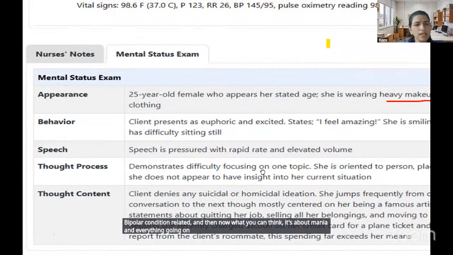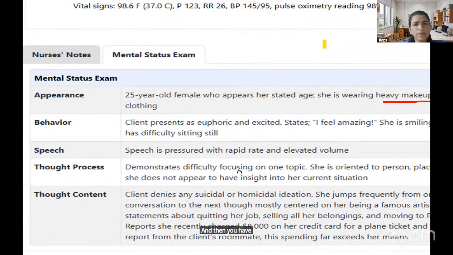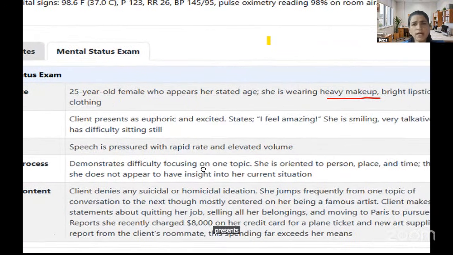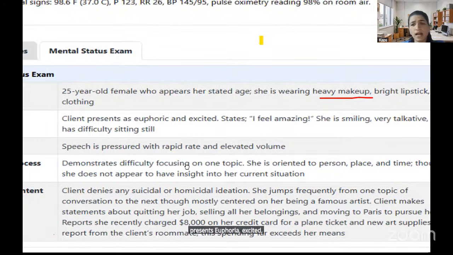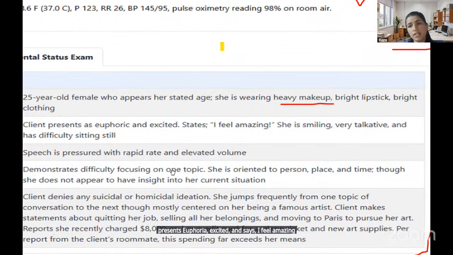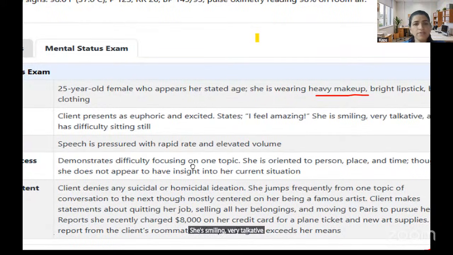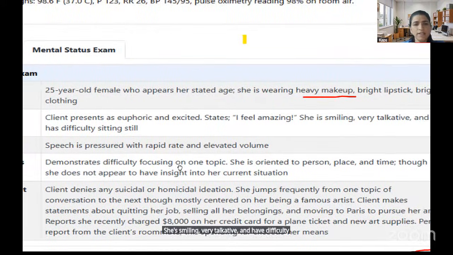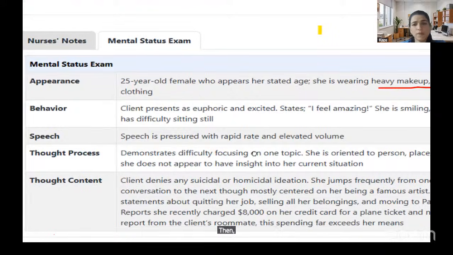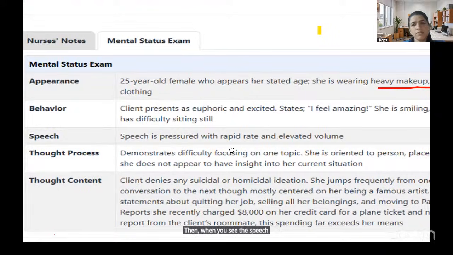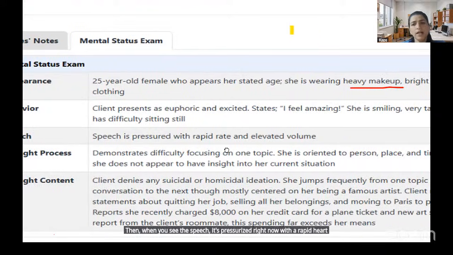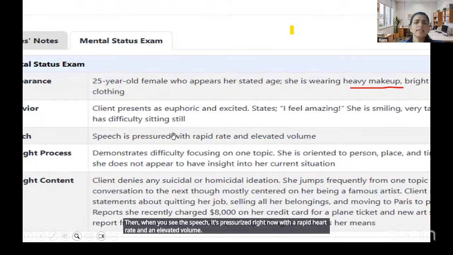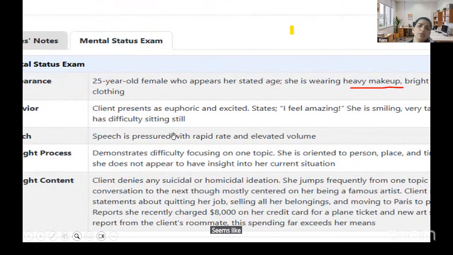And then you have behavior presenting euphoria, excited, and says, I feel amazing. She's smiling, very talkative, and has difficulty sitting still, right? Then the speech is pressured right now with a rapid rate and elevated volume. Seems like your patient is going into acute mania now, I would say.